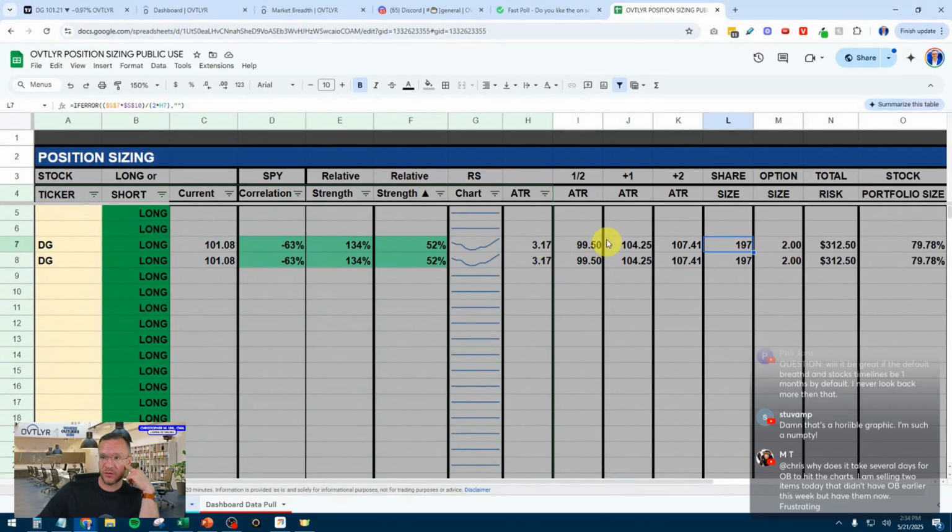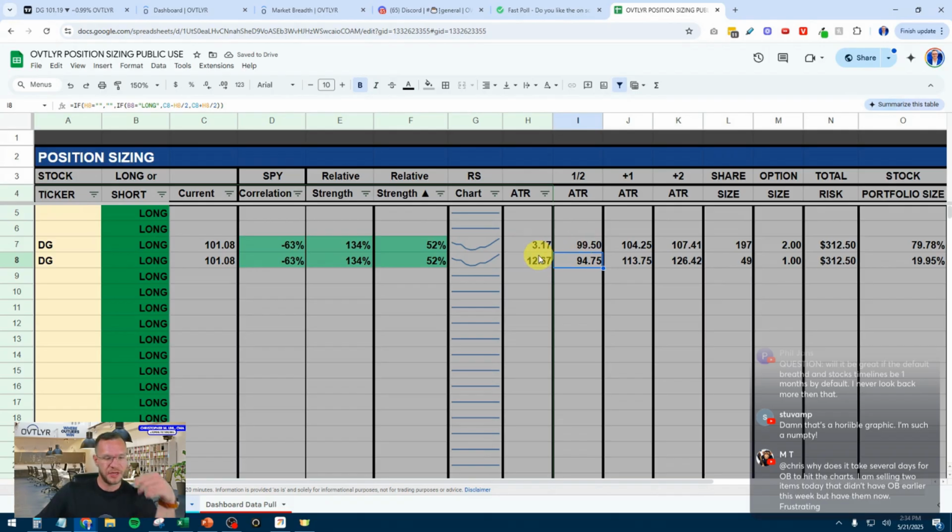But let's say rather than a half ATR down, we went down 2 ATRs. So what we need to do here is, if I delete this, I think that's going to work like I wanted. So we'll do equals this times 2. Actually, that times 4.